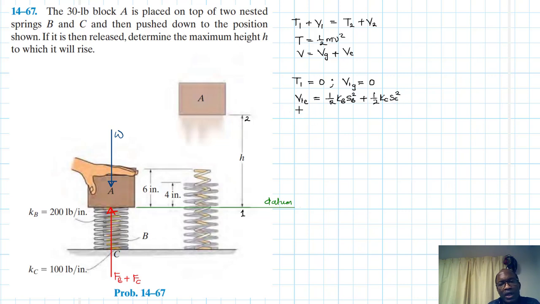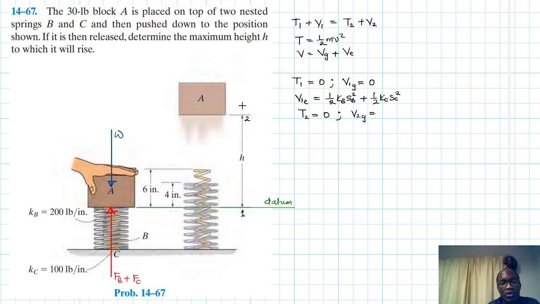And then we go to the other side, T2. This is the kinetic energy for the block at position 2. Since block A at position 2 is also temporarily at rest, this is equal to 0. Then we do have V2G.